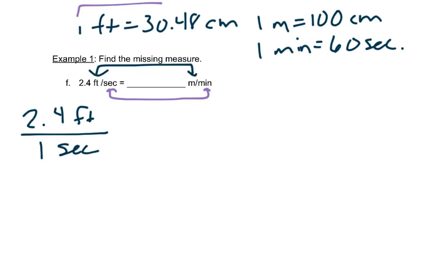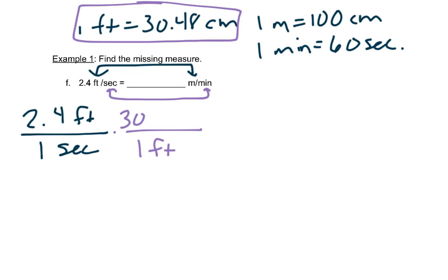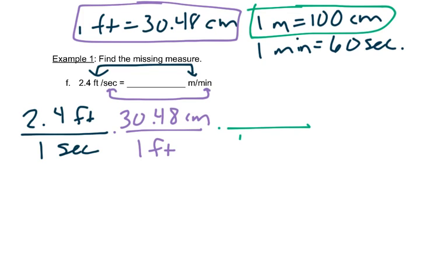So we'll start here with the feet to centimeters. We'll put the 1 foot on the bottom and the 30.48 centimeters on the top. And then we're going to change those centimeters to meters. So we'll put the 100 centimeters on the bottom and the meter on the top.